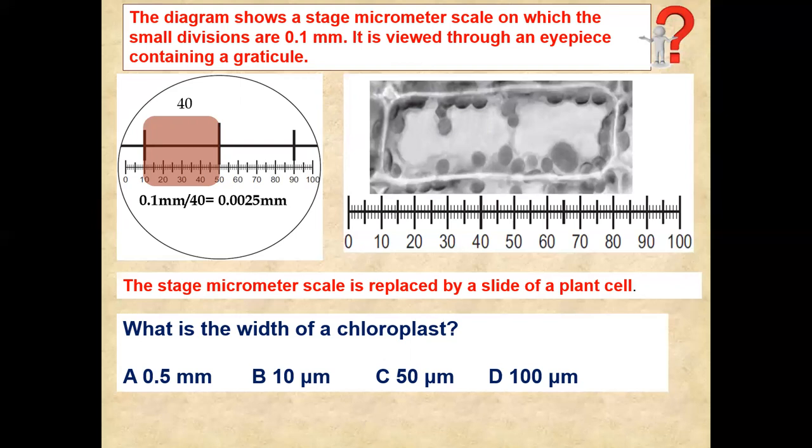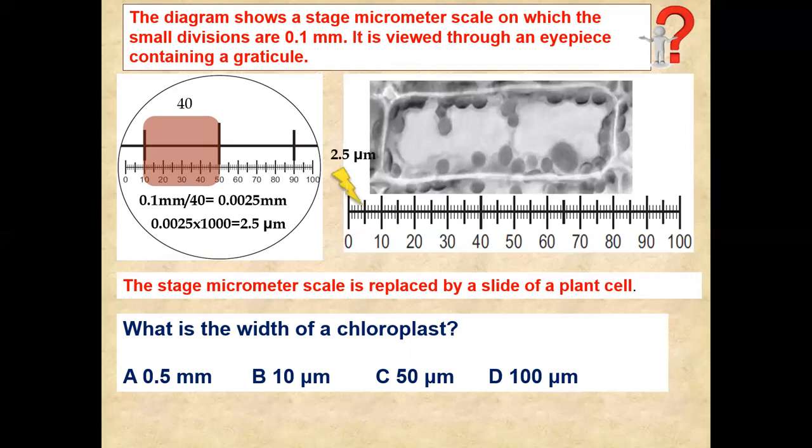Now we will convert this millimeter unit into micrometer, because we are going to measure with the help of the microscope. So we will convert these values into microns by multiplying by 1000. So 0.0025 multiplied by 1000 is equal to 2.5 micrometer. So this 2.5 micrometer is the smallest unit of the eyepiece reticule.